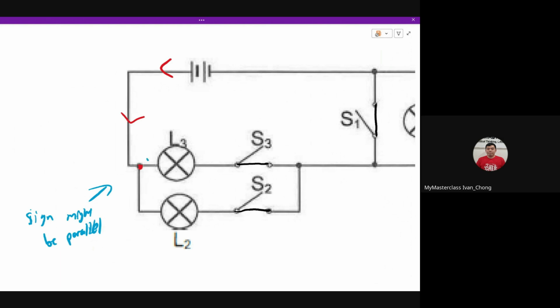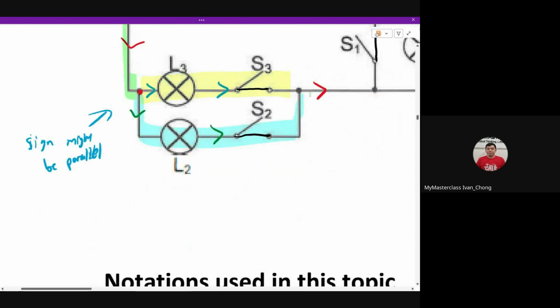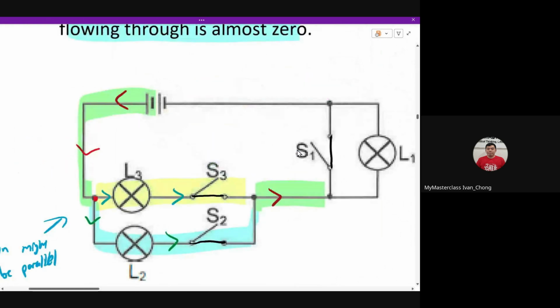Okay, so you can see current will flow through here, and current will flow through here. So in the end, you have this part. When you reach this point, you have yellow and you have blue. Then you continue with this part, after it merges back again.